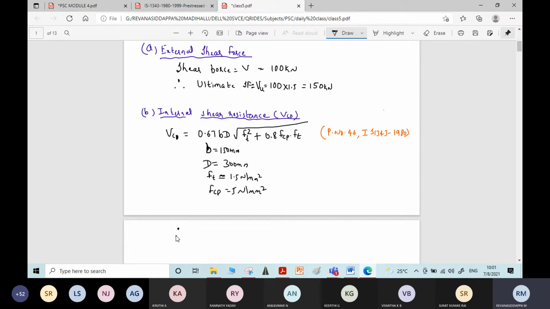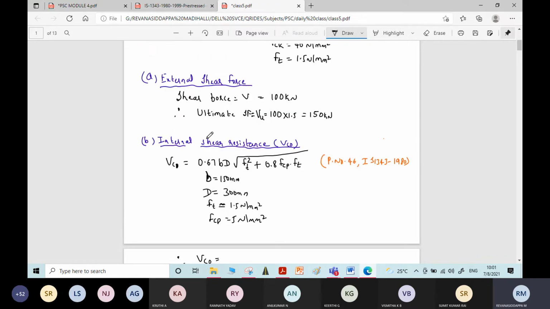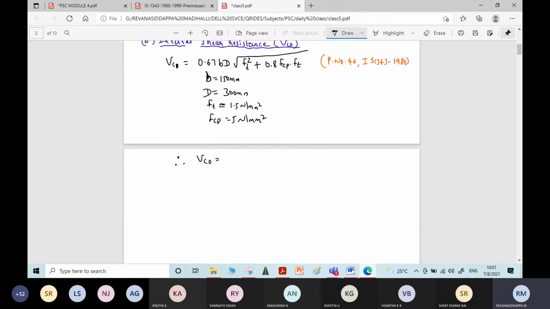Therefore, VC naught is equal to 0.67 into 150 into 300 root of 1.5 square plus 0.8 into FCP 5 into FT 1.5.